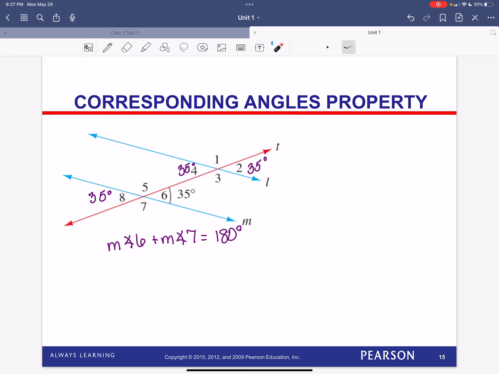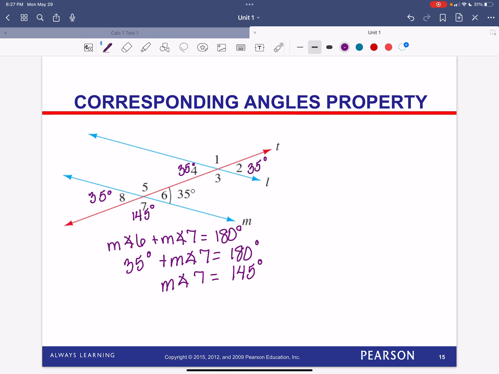The measure of angle 6 is 35 degrees, so I can figure out the measure of angle 7 by subtracting 35 degrees. The measure of angle 7 is going to be 145 degrees. So this angle is 145 degrees.